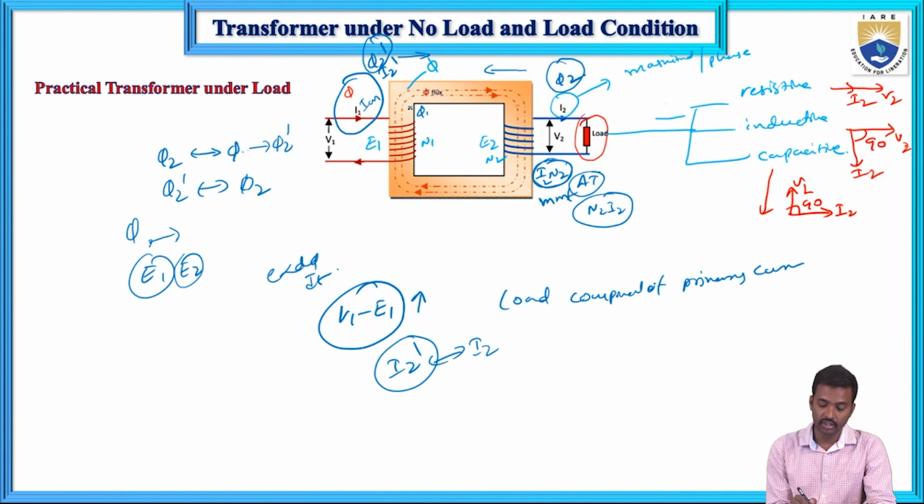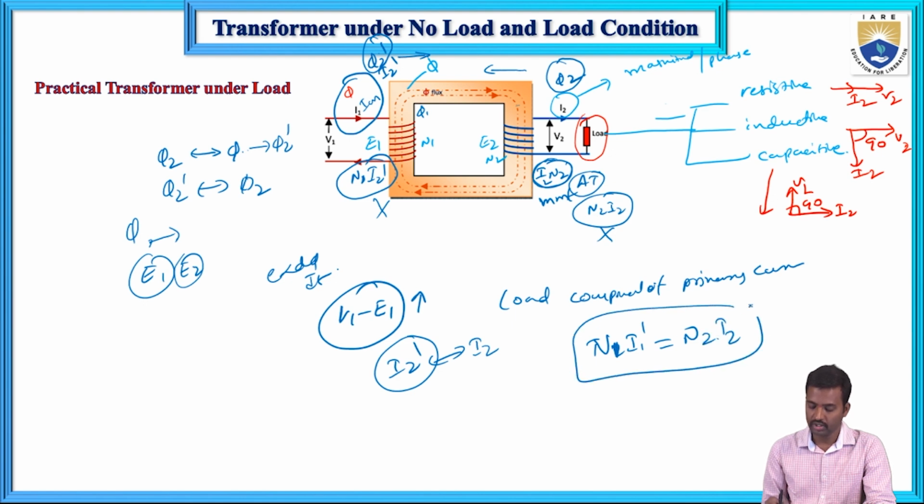And next, another thing, there exists N1 I2 dash. This N1 I2 dash neutralizes this one, and here N1 I1 dash equals N2 I2. This is important. This primary MMF neutralizes this secondary MMF. So at any load condition, it neutralizes phi 2, and there is only phi.